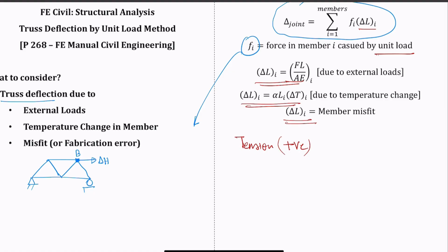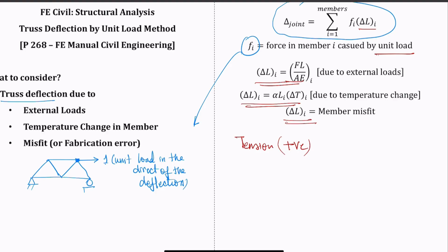So the way you find this small f, which is your member force due to the unit load, is by redrawing the whole truss structure and removing all the external load. Remove everything, just draw the structure, and then you are going to apply a unit load in the direction of the deflection.